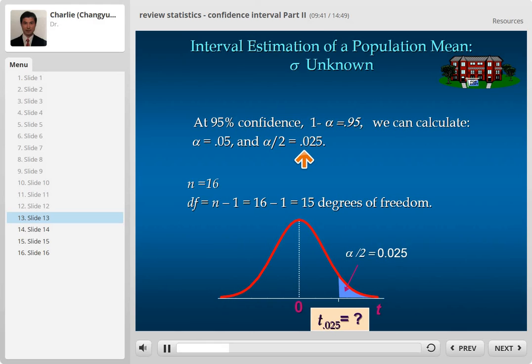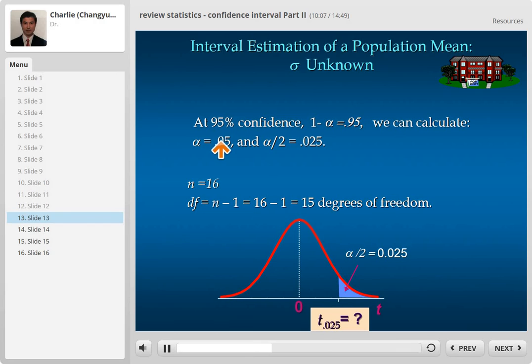Now, what we're trying to do is, in this interval estimation of population mean, when we do not know the population standard deviation, we're going to use the t-distribution. And in this t-distribution, be careful, we're always going to use alpha over 2 equals 0.025, which is the size of the area here. This always comes from here.